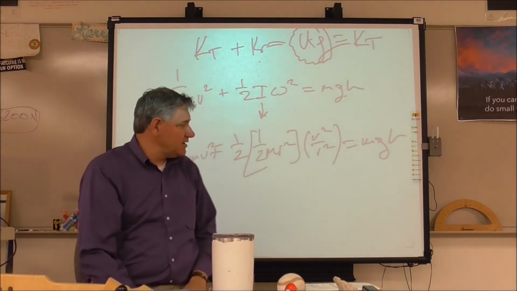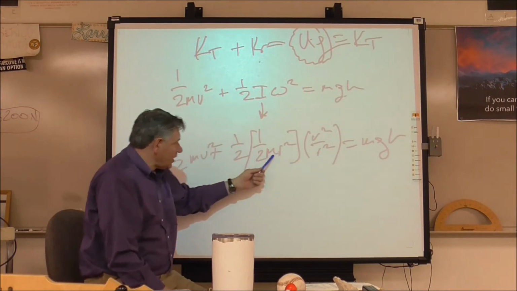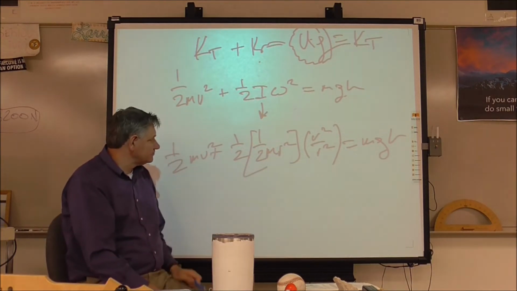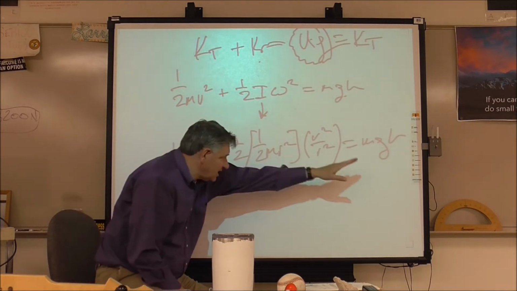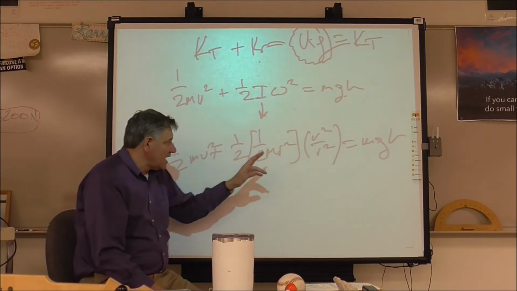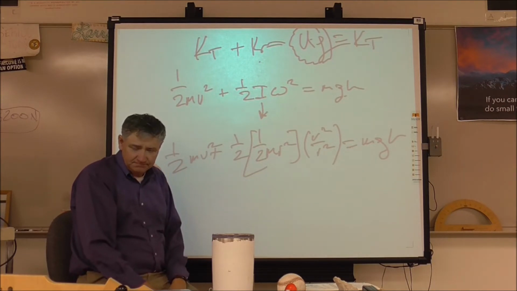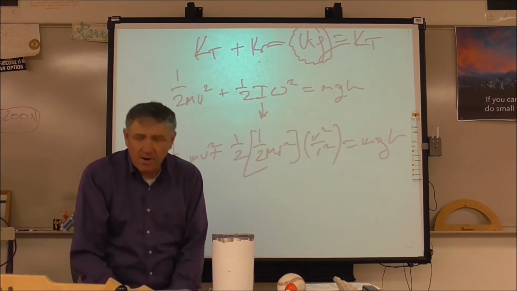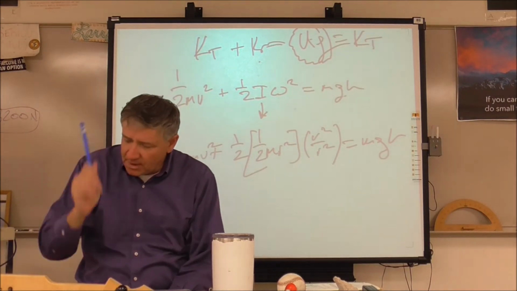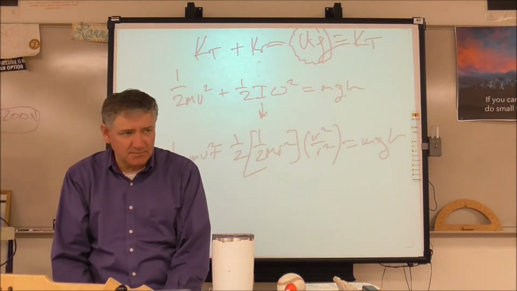So then the beauty of this is your r squared is going to cancel out. Your m's are going to cancel out. And then you can combine your terms into a fraction. I promise you, I want to put a problem like this on the test tomorrow.